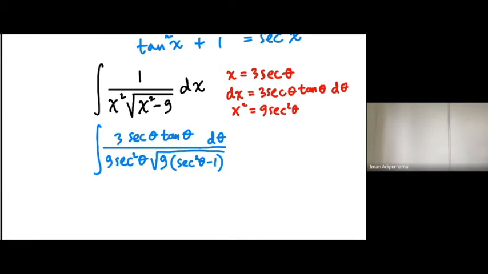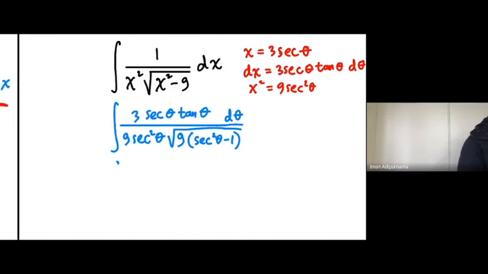Now the secant squared minus 1 is tangent squared, right? So 9 tangent squared theta. We take the square root, and 9 tangent squared becomes 3 tangent. So let me just remove the secant and remove the 3.